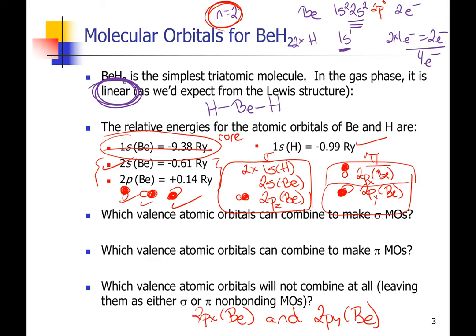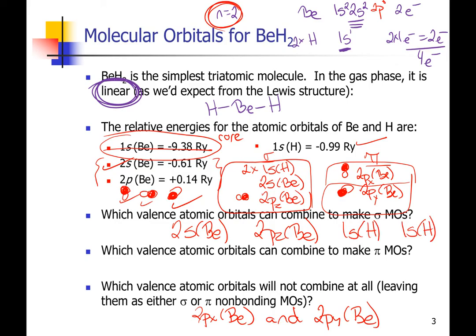And so that means that we are going to be combining our 2s on our beryllium and our 2pz on our beryllium and our 1s on our hydrogen and our other 1s on our other hydrogen. All of those are combining.